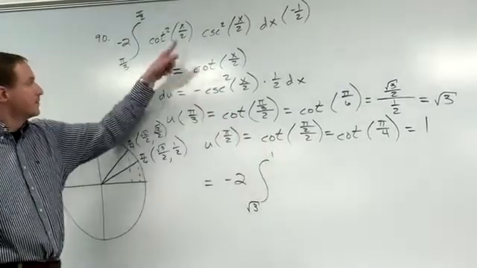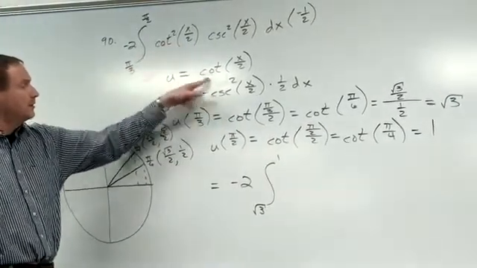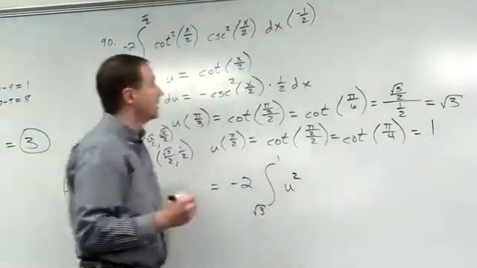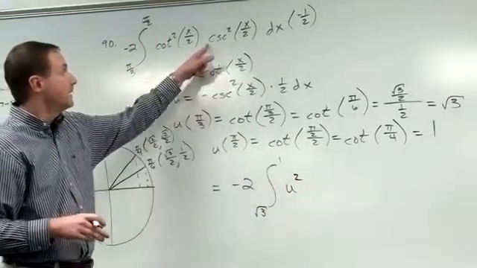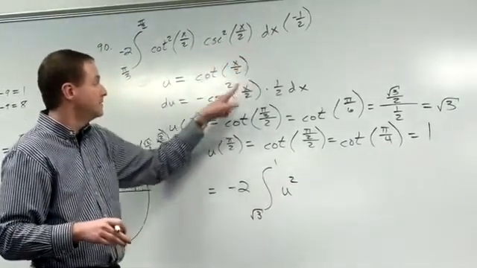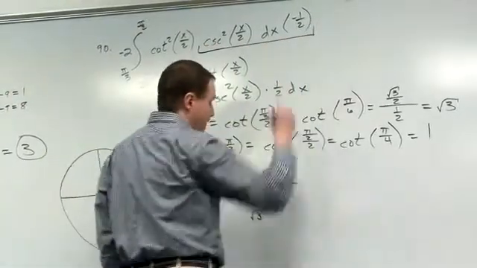Cotangent squared x over 2, we know that becomes u squared. Everything else here, negative 1/2 cosecant squared x over 2 dx, all of that is du. So every bit of this gets replaced with a du.